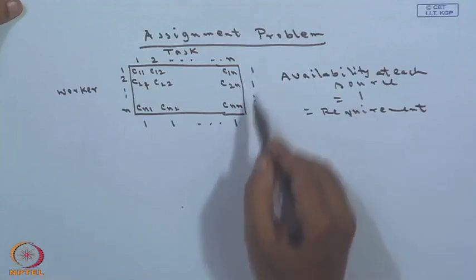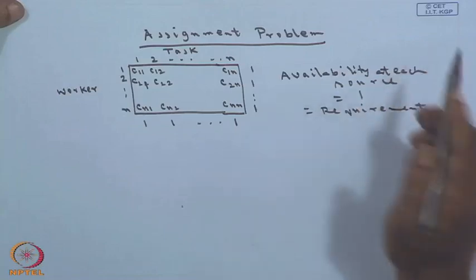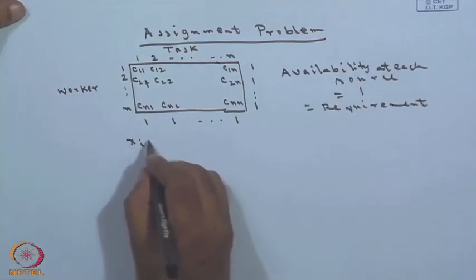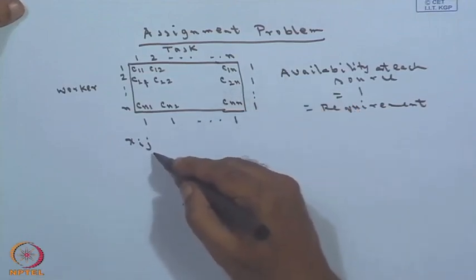If you note, these values were different for the transportation problem. So, it is similar to the transportation problem, and you can solve it that way. We assume that Xij denotes the assignment of the ith worker to the jth job.